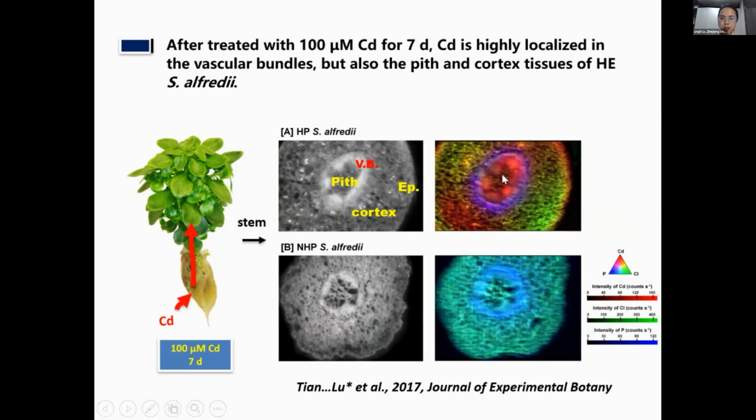So that's the main information that we got: cadmium in the stem of these plant species is transferred gradually from the vascular bundles to the cortex and pith tissues, and sequestered. So finally, the cadmium concentration is higher here than in the vascular bundles. So we think the sequestration of cadmium in these cells is probably an active process.